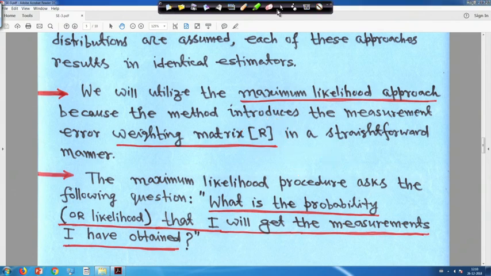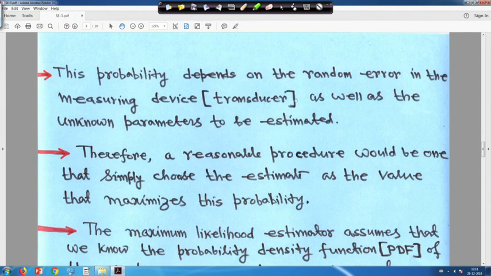So, the maximum likelihood procedure asks the following question: what is the probability, or likelihood, that I will get the measurement I have obtained, right. This is the maximum likelihood criterion.